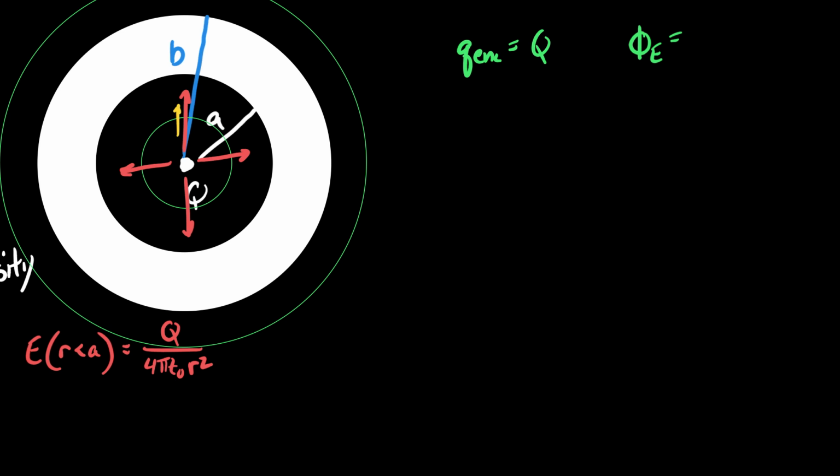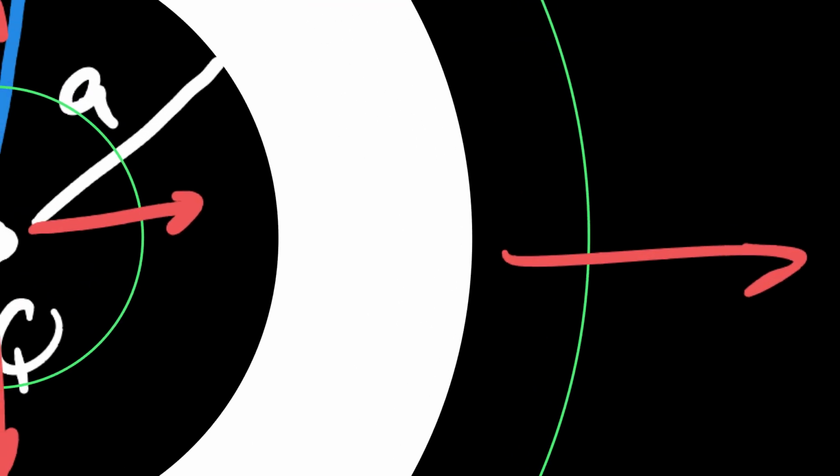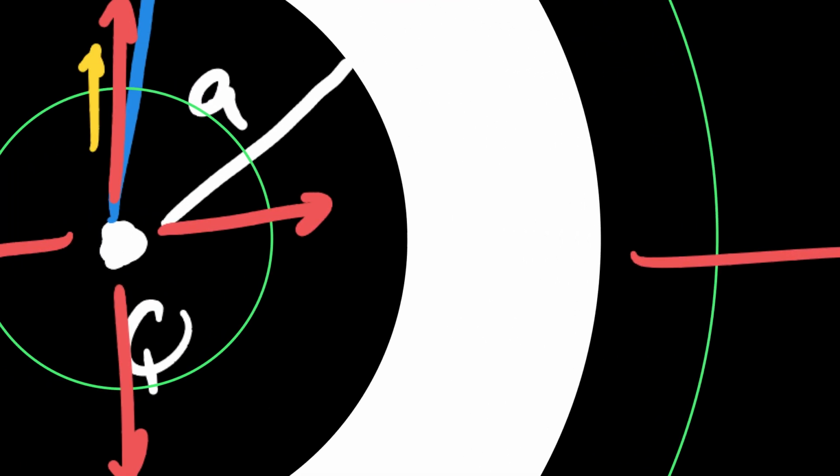Now, here's where you might want to ask, what's happening in the conductor that will make this happen the way we think it might? How many of you think the electric field is probably still spherical, like so? Well, if my charge is positive, does it seem reasonable that electrons are being pulled in towards the center?